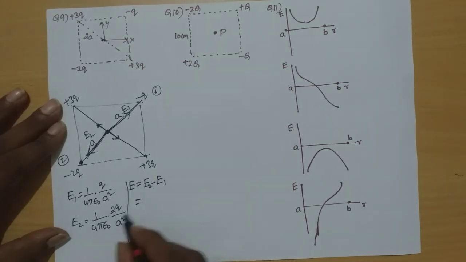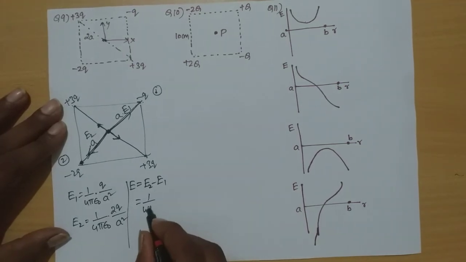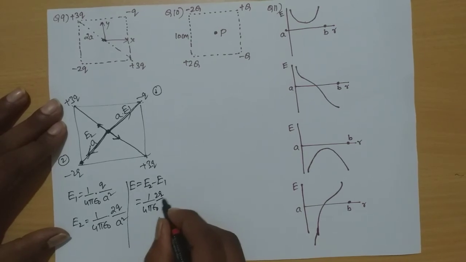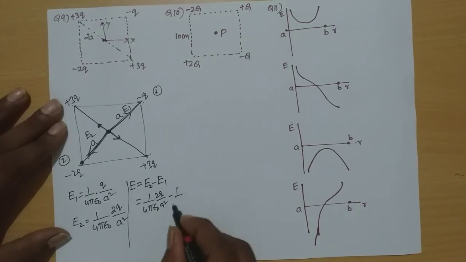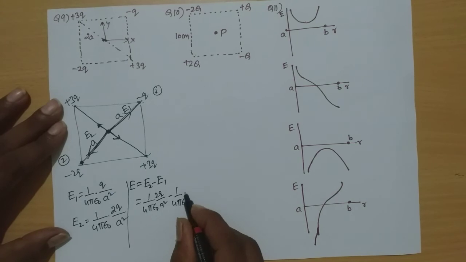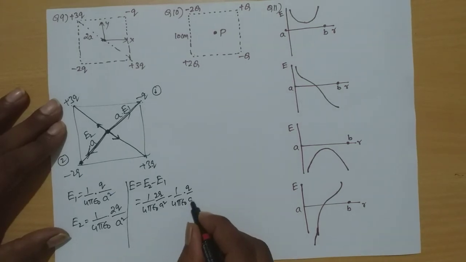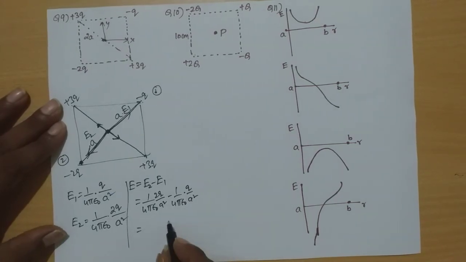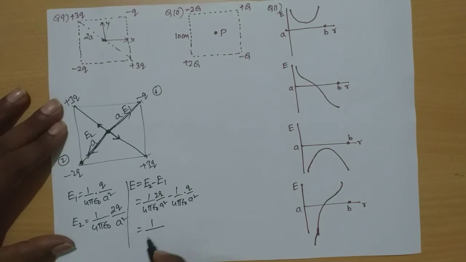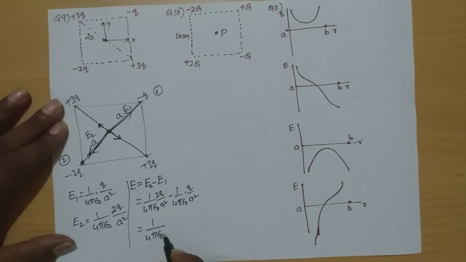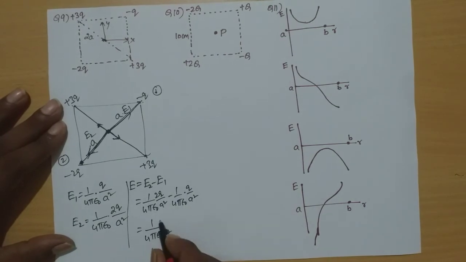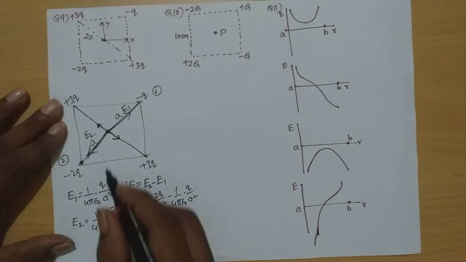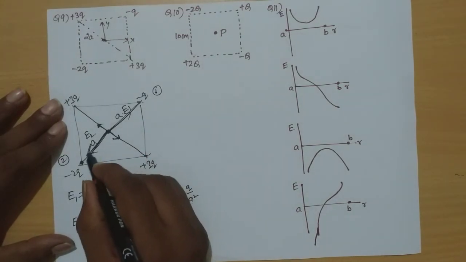E2 is 1 by 4 pi epsilon naught 2q by a square minus 1 by 4 pi epsilon naught q by a square. On simplification we get 1 by 4 pi epsilon naught a square common, and 2q minus q is nothing but q. This is the net electric field intensity at the center in this direction.